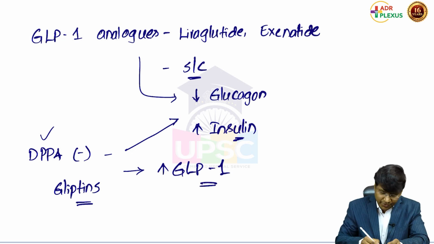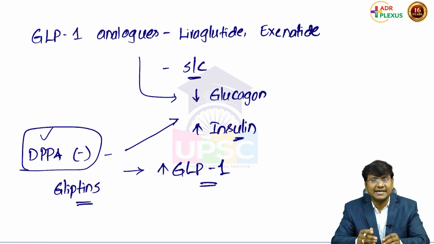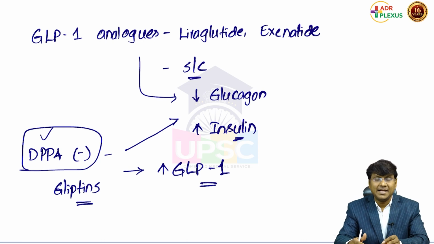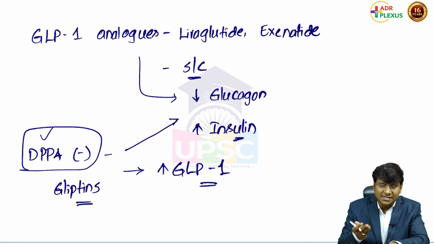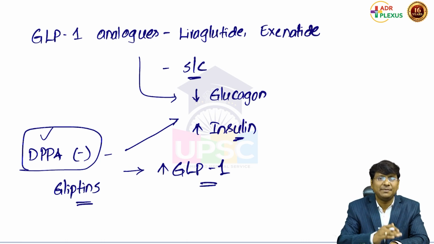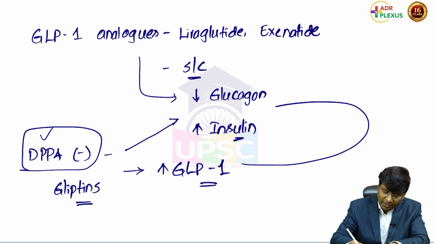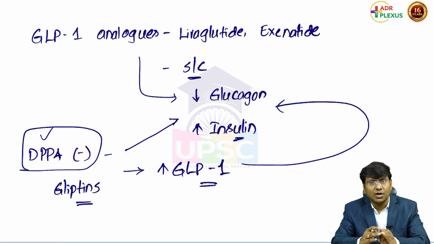Okay, because the DPP-4 enzyme, that is dipeptidyl peptidase 4, is the one which metabolizes GLP-1. If the DPP-4 enzyme is inhibited, what will happen to the GLP-1 levels? There will be an increase in GLP-1 levels. And this increase in GLP-1 decreases glucagon and increases insulin levels.